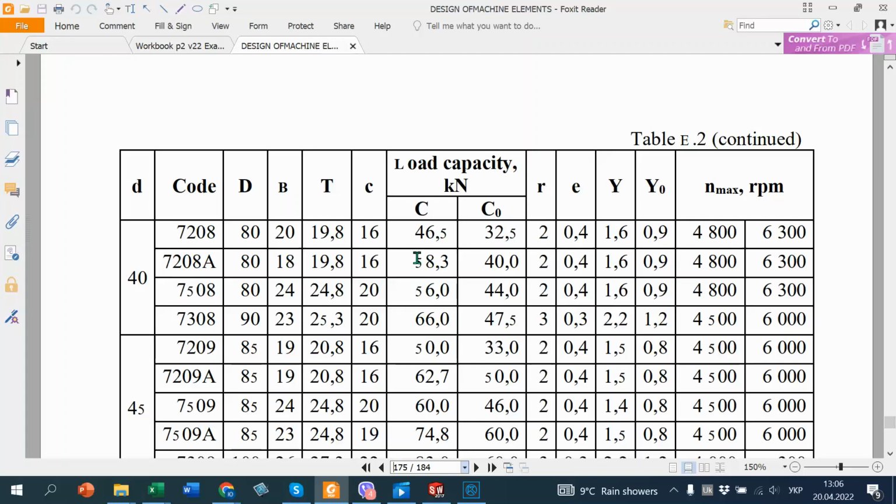Or we can use, instead of the light series, the medium series, and you have load capacity 56, also enough for 49.